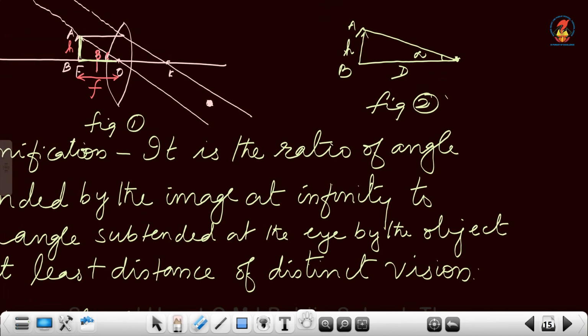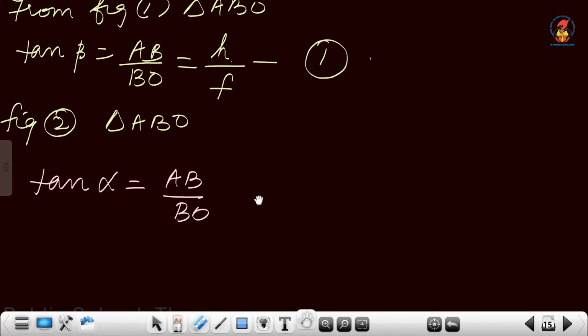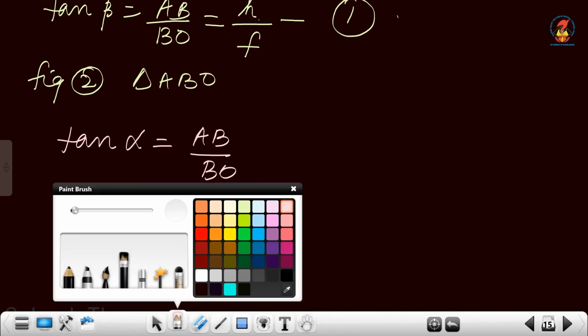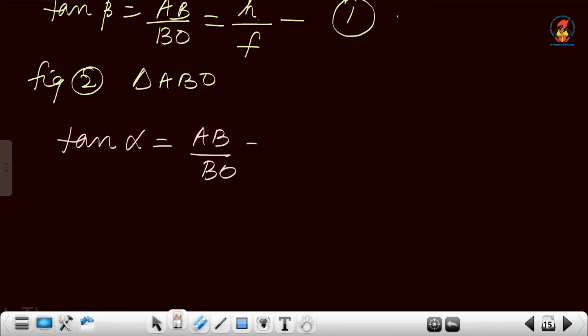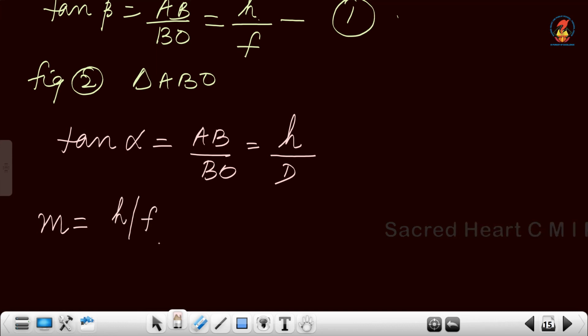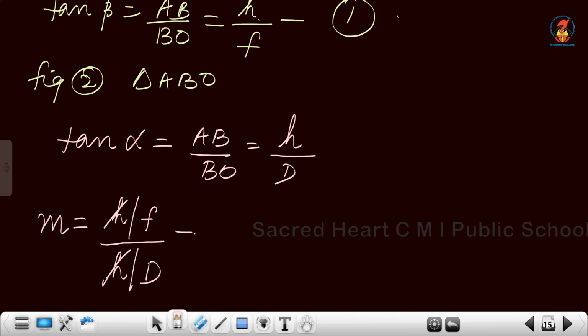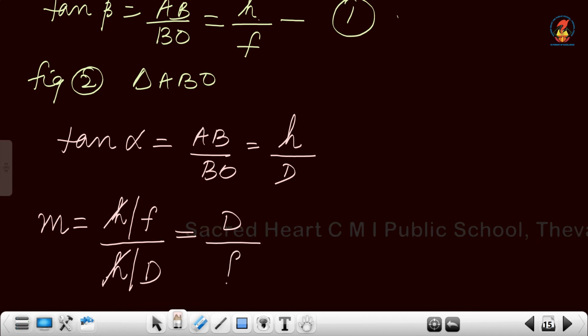AB is the height of the object itself, but BO is the least distance of distinct vision, D. So tan alpha is equal to AB by BO, which is equal to h divided by D. Therefore, magnification M, this tan alpha by tan beta, can be written as h by f divided by h by D. h and h get cancelled, and we get D divided by f.